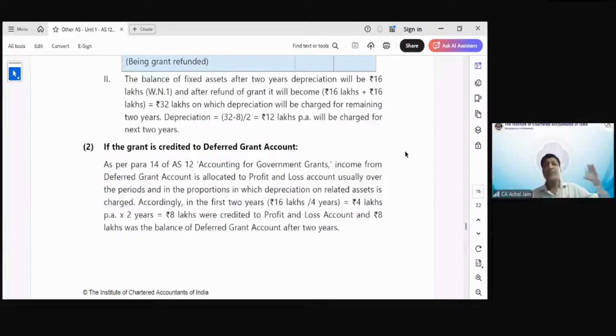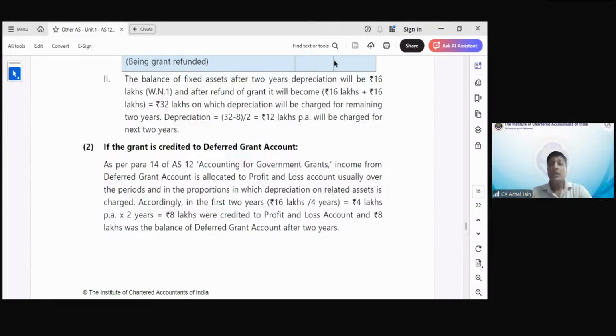No. Because fixed asset balance is unchanged. We did not change that at all. Right? So the only thing which now needs to be looked into is the balance of deferred income. Correct?